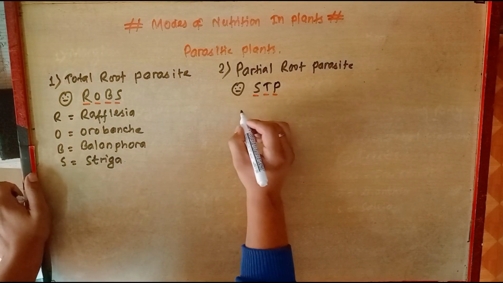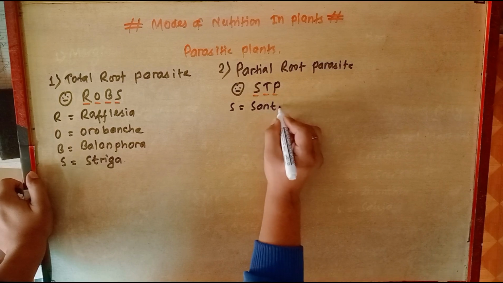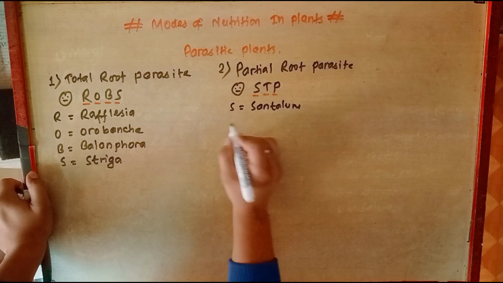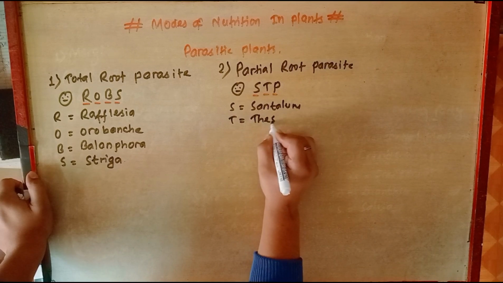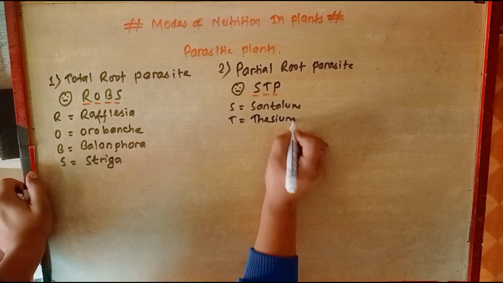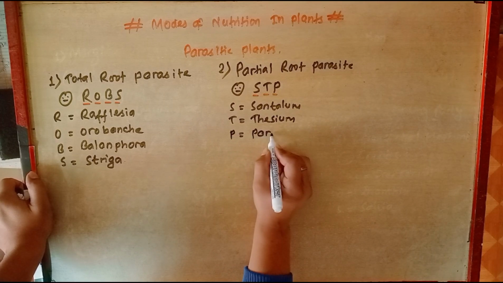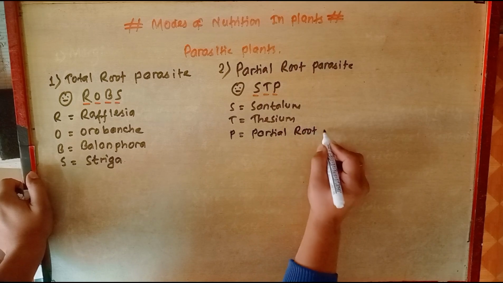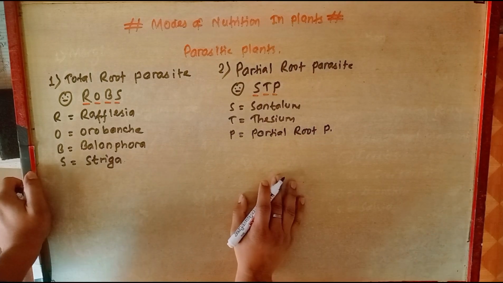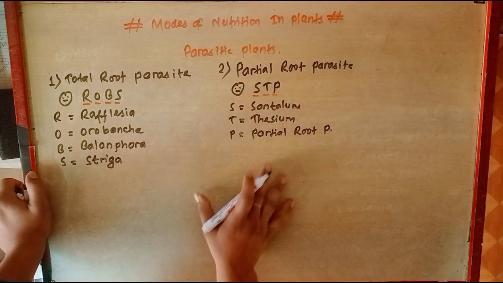So here S means Santalum, T means Thesium, and P means partial root parasite. So this is the trick for total root parasite and partial root parasite.